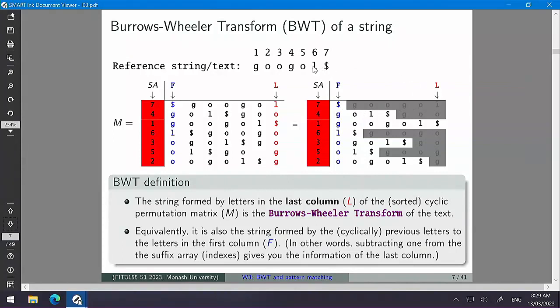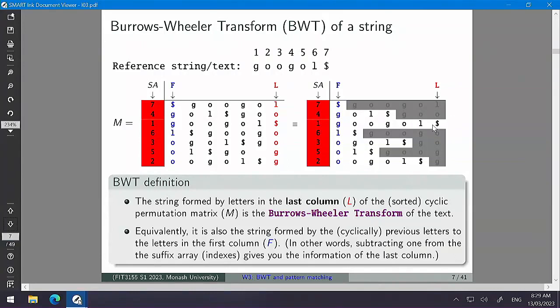So L is 6, isn't it? So here suffix array 4, so 4 is GOL dollar. So what comes in the last column? The one letter before, O. This is 1. What comes before 1? It's not 0. In the cyclic sense, it is 7, right? So it has to be $.